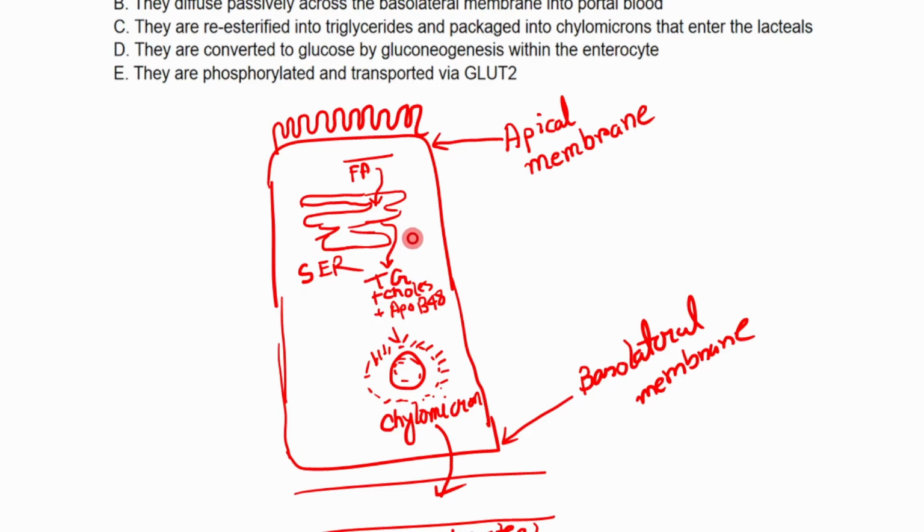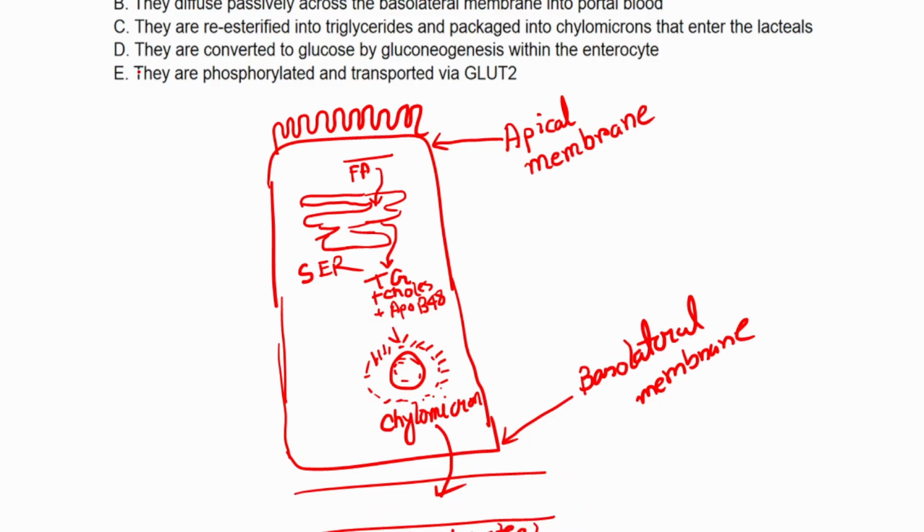These neutral fats are then packaged alongside cholesterol, phospholipids, and the vital structural protein ApoB48 to assemble large lipoprotein particles called chylomicrons, which exit the basolateral membrane via exocytosis to enter the wide porous central lacteals of the lymphatic system. This is the lacteal.